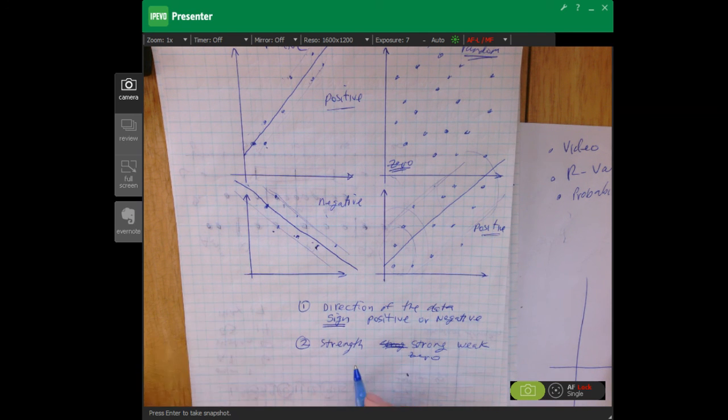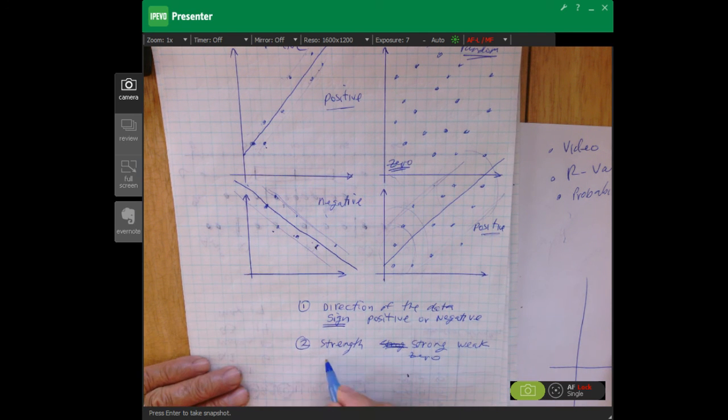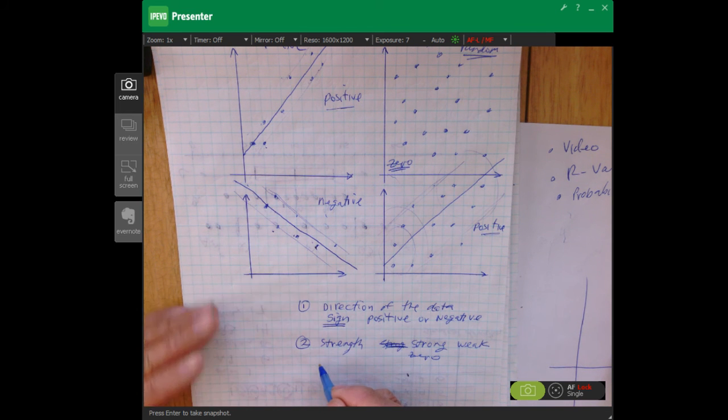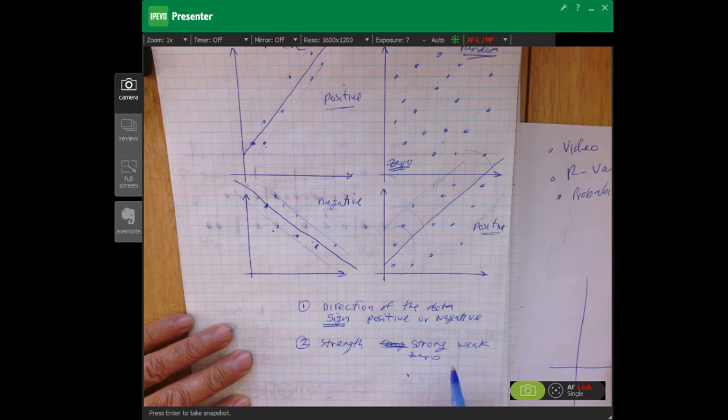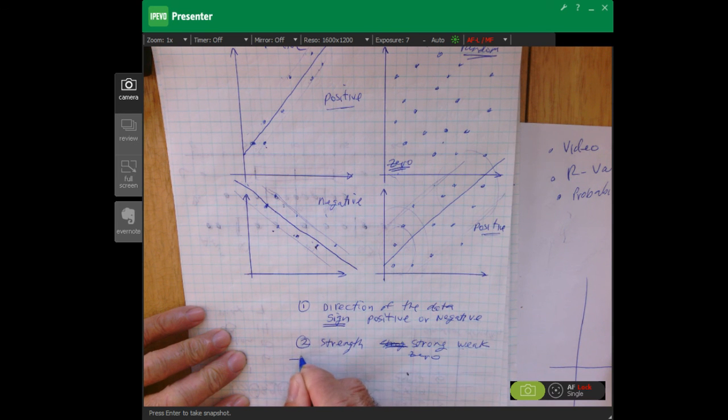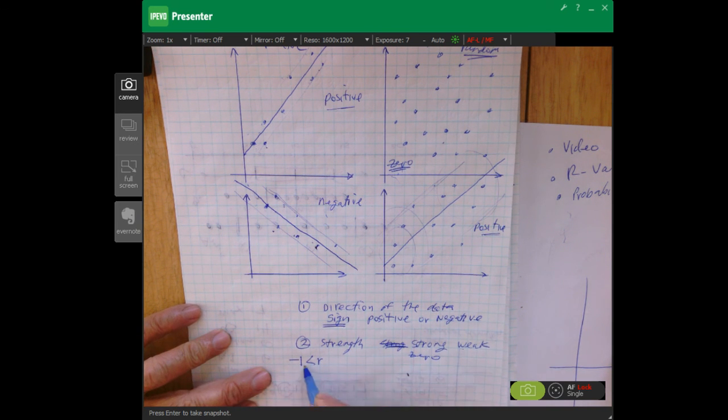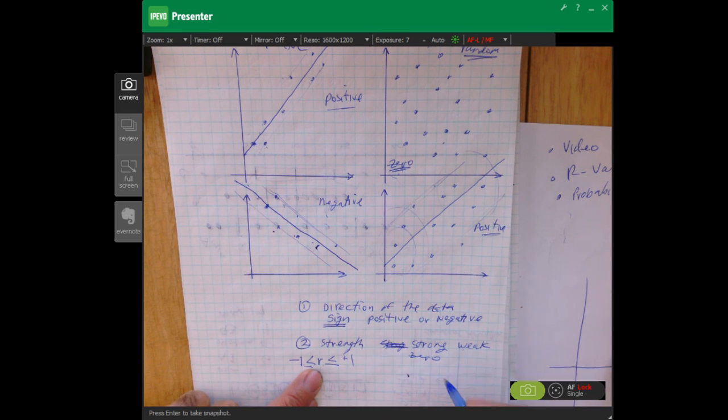It actually ranges from the numbers where the absolute value of zero is the weakest. That would be like this one, zero, and one is the strongest. So the R values range from -1 to +1, greater than or equal to -1 and less than or equal to +1, with zero in the middle. Zero is the weakest.